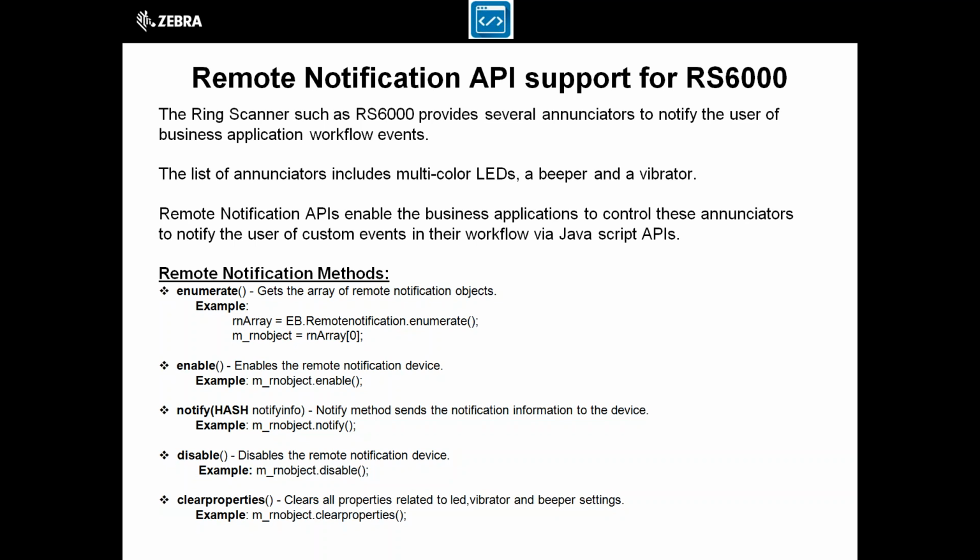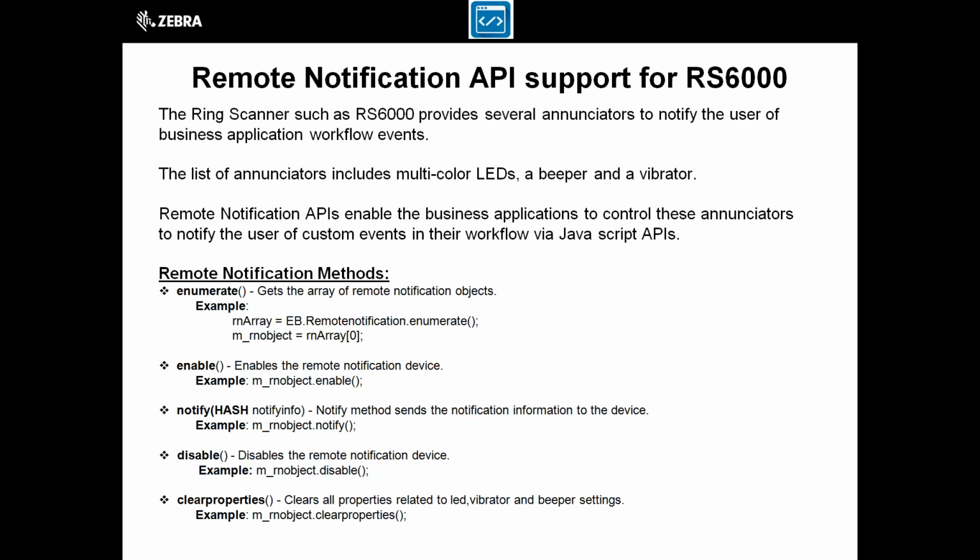RS6000 has beeper objects, LED objects, and vibrator objects. When notifying, the LED will blink; when notifying the vibrator, the RS6000 will vibrate; and when we notify for beeper, RS6000 will beep.